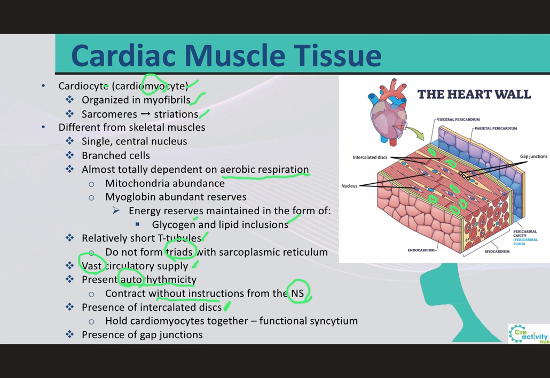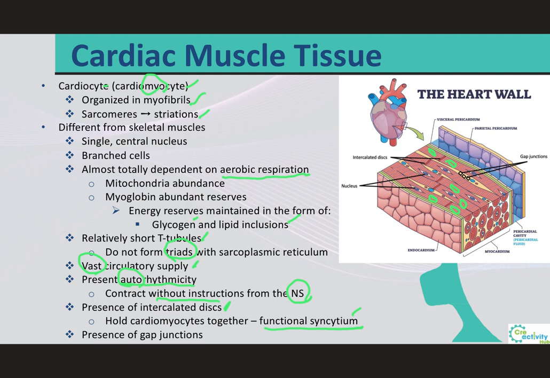And this is what makes them contract in unison, contract together, meaning that when one cell contracts, all other cells will contract as well. And because of this, the cardiac muscle has been called a functional syncytium. Syncytium means that it's a fused mass of cells. And just as a note, the intercalated discs are only found in cardiac muscle tissue.